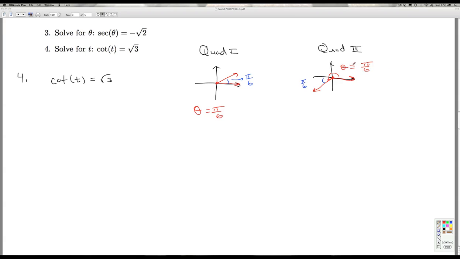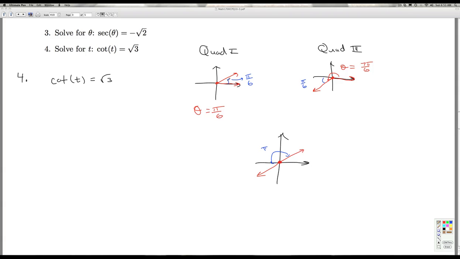Now, as we've mentioned before in class, with tangent and cotangent, the two answers we get are always pi units apart. Geometrically, if I look at the terminal side of these guys, they're exactly pi units apart.